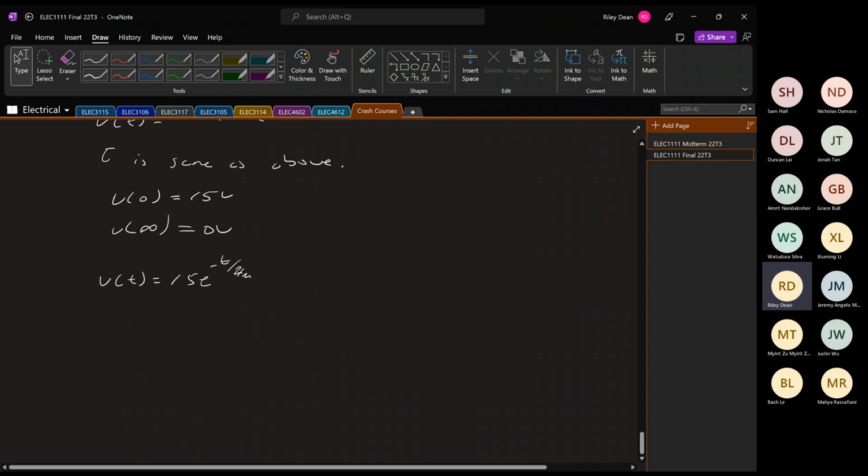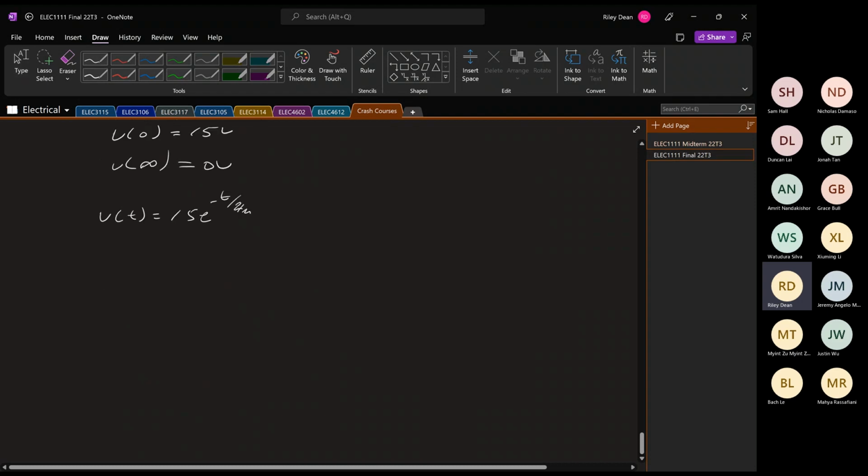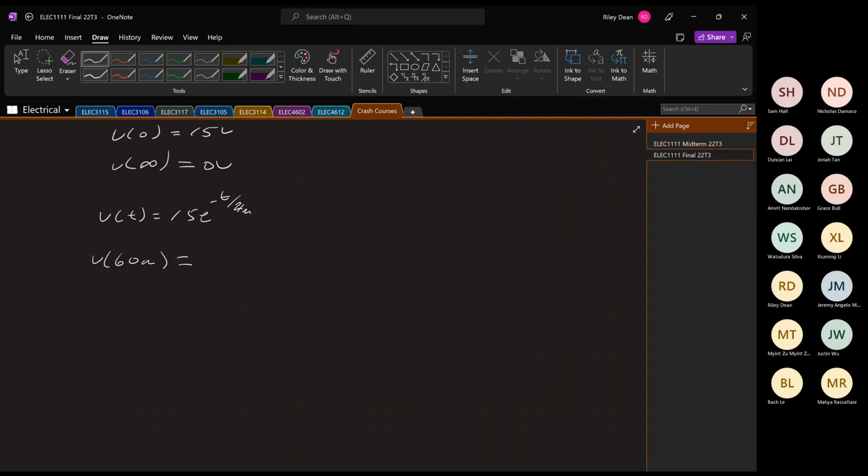Awesome. Now, same as before, if we sub in 60m, I think it is, so I'm just going to put that in as well. But same as above, we see that's roughly equal to 0 volts as well.